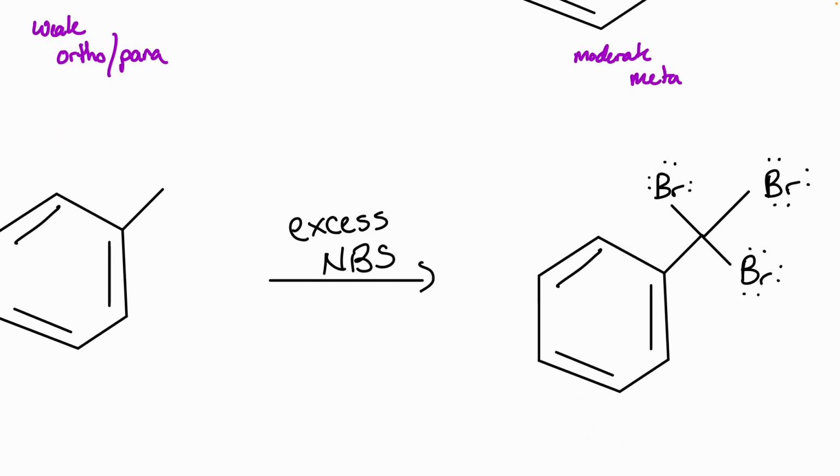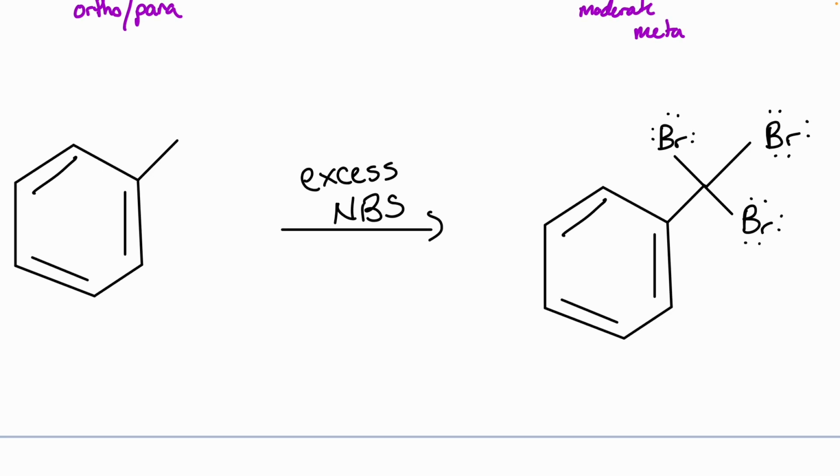And our last reaction at that benzylic position was using NBS to perform this benzylic bromination. If we just pour in a ton of NBS, we'll fully brominate that carbon. And this again, starting out with this alkyl group, was weak ortho-para. And now we have this fully brominated carbon here, a strong meta-directing group.